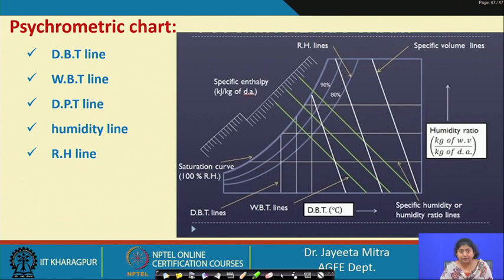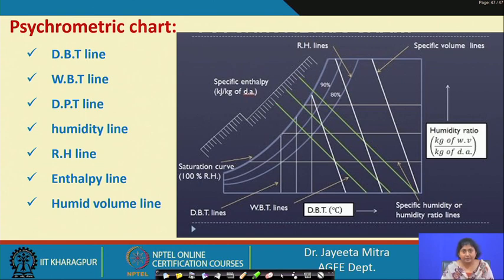Although ASHRAE has developed different psychrometric charts for different conditions, for example, -40 to 10 degree Celsius or even very high temperature as well. But for our need, we will consider this one, and if the chart has been drawn at atmospheric pressure and we know any 2 properties of this moist air, then all other properties we can calculate.